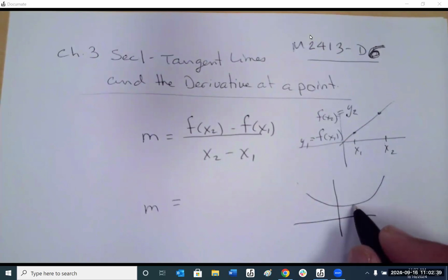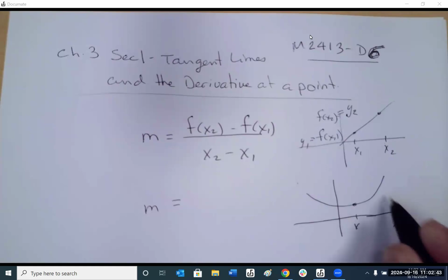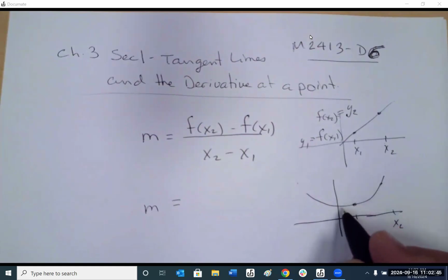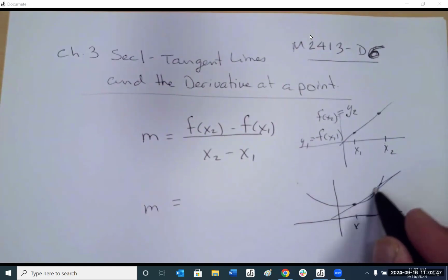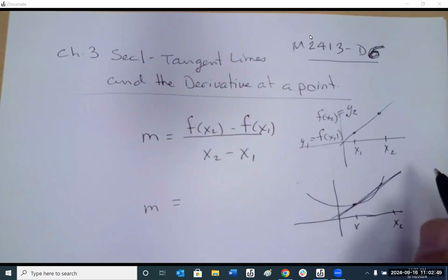No. Because if we found 2 points in a curve and we connected them, we just found the slope of the secant line.